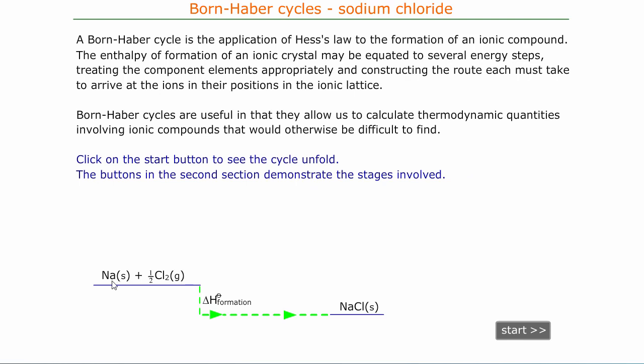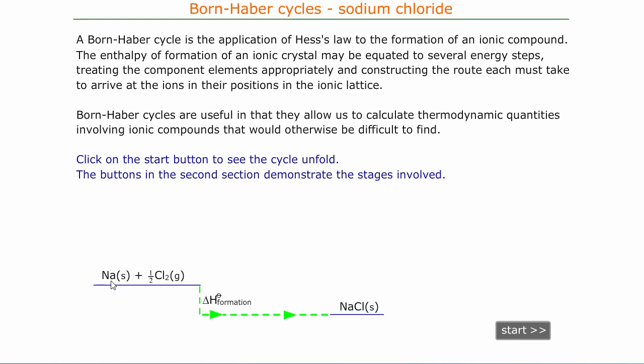If we have a look at the enthalpy of formation equation for sodium chloride, it's from its elements in their standard states. Well, sodium in its standard state is a solid, it's a metal, and chlorine in its standard state is chlorine gas, diatomic molecules.